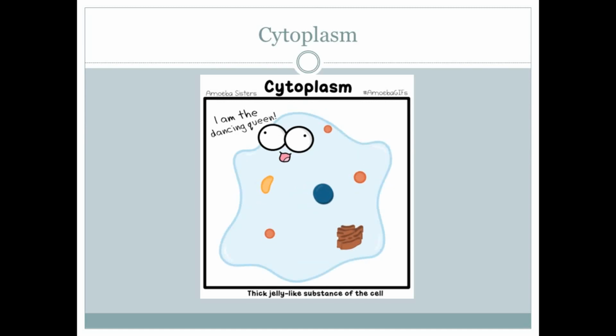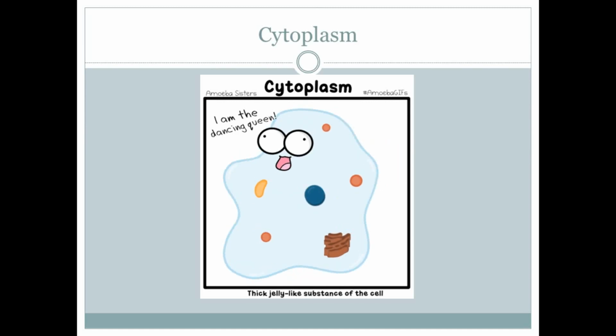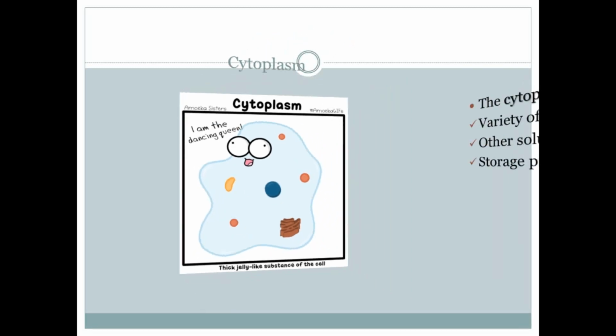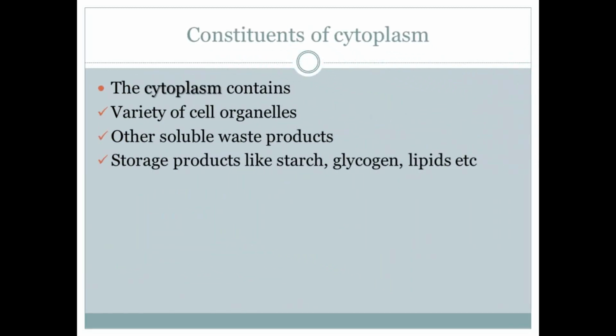We can see the cytoplasm is like a thick jelly-like substance of the cell. Now, the constituents of the cytoplasm. The cytoplasm contains several things. It contains a variety of cell organelles, which are structures that help to perform various functions.